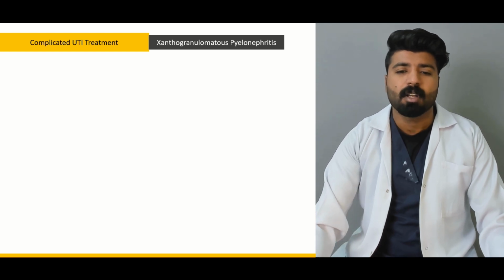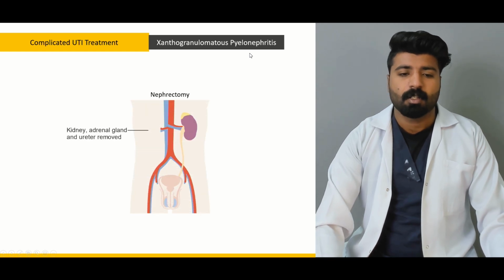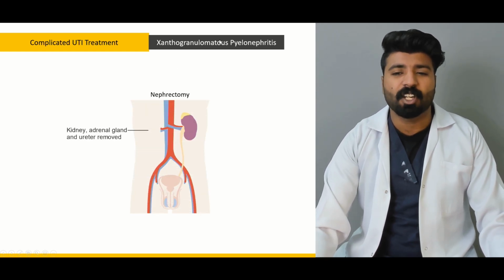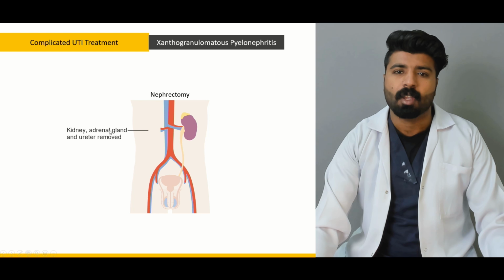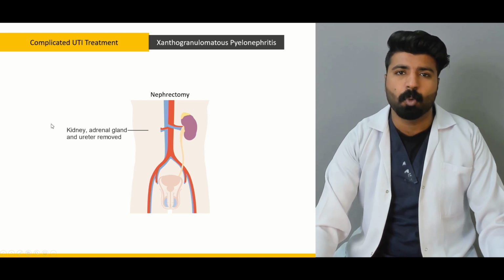Now let's talk about xanthogranulomatous pyelonephritis. In this complicated UTI, the treatment is going to be nephrectomy, meaning the kidney, adrenal glands, and the ureter are removed. All of these are removed together because there is no other treatment.